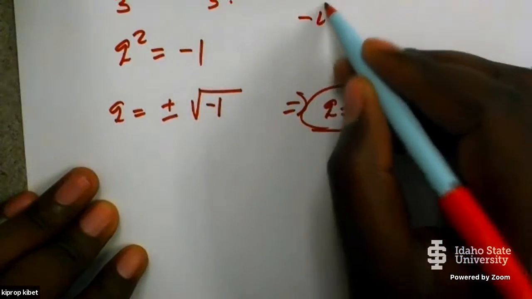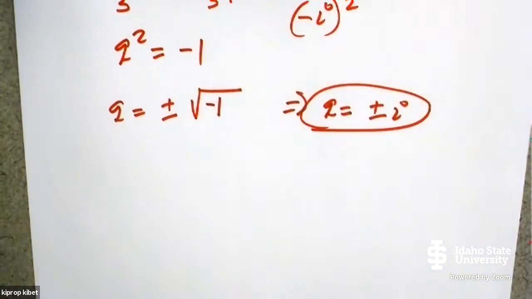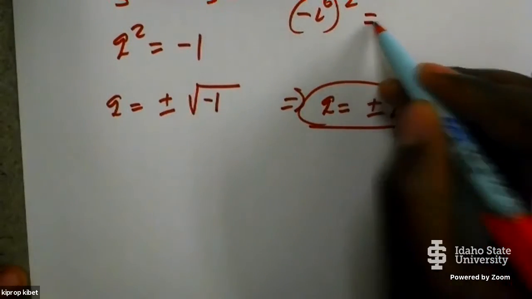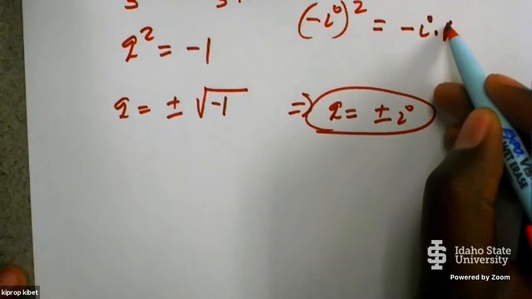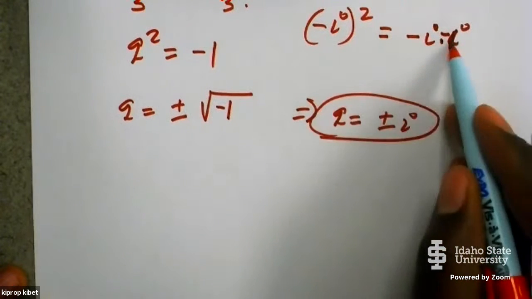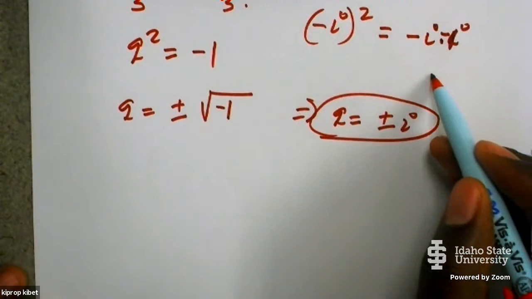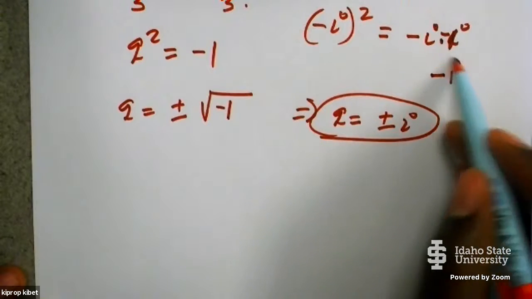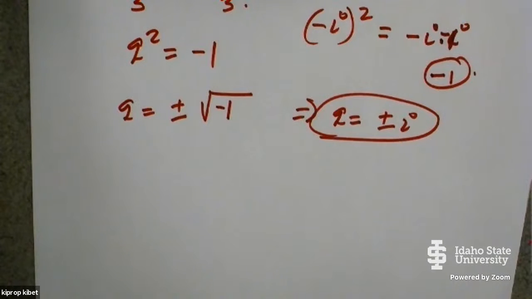So negative i squared, when you square this, negative i times negative i, negative and negative is positive. So i times i is negative 1. So negative i squared is still negative 1.